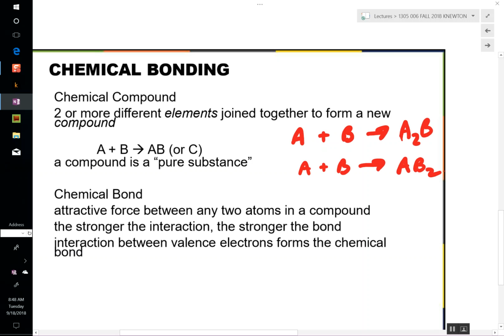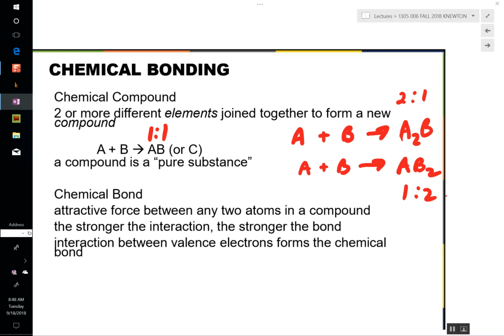They don't always react one atom of one with one atom of another one. Remember Dalton? Dalton said compounds are the result of elements reacting with each other, and you always find them in small whole number ratios. So the ratio here is 1 to 1. The ratio over here is 2 to 1. And over here it's 1 to 2. That's what those numbers are telling us.